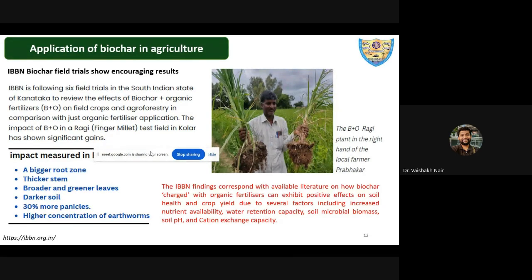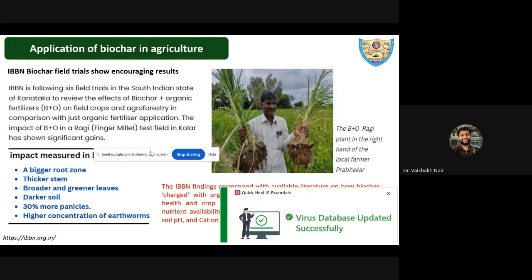You can see the plant also. What they were seeing is that the stem was much thicker, there were more roots, a deeper root zone, broader greener leaves, darker soil, and then 30% more panicles. Panicles actually means how many fruits are present on a branch, so the number of fruits borne on each branch was higher.